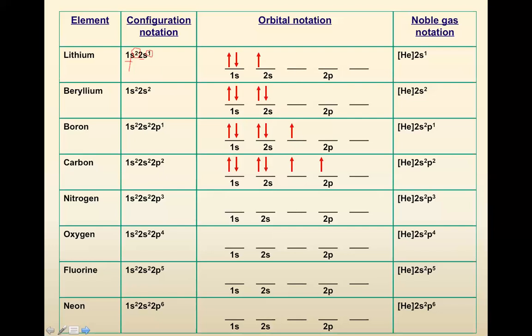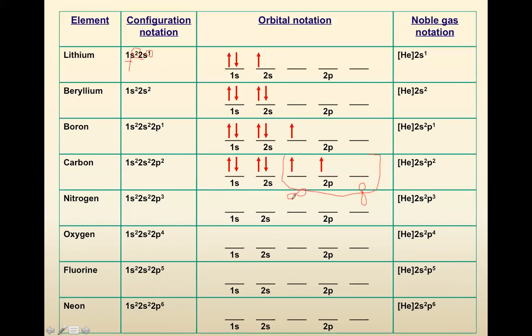Uh-oh, you would expect to see it go up, down. But what happens when you have orbitals that are of the same energy? This is actually another ruling principle for drawing electron configurations. These p orbitals, these are all p orbitals, with the funky shape, remember that funky shape, or if you drew it this way, it's like that.